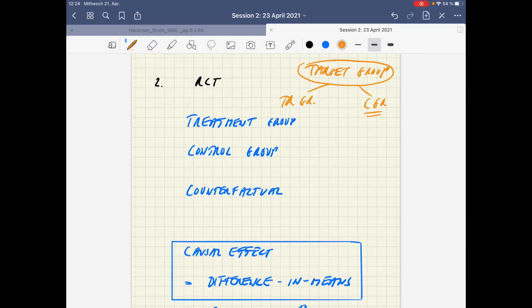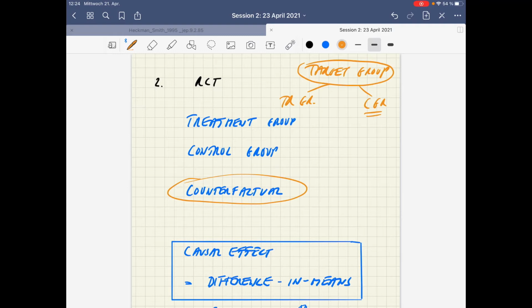In other words, for the control group members, access to the treatment is randomly denied. That's what randomization does. And that's how we get a potential outcome of the counterfactual behavior of the treatment group.